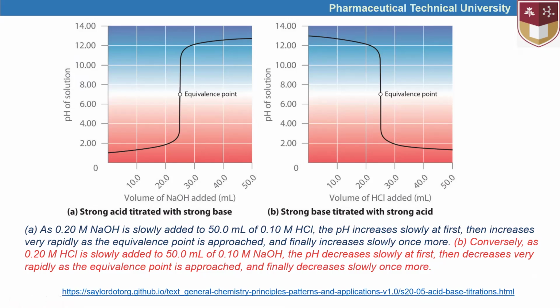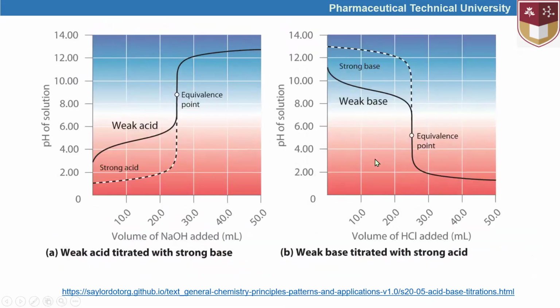So a little concentration might cause big changes in the pH value, and then linear changes are observed again. So these are the points that we have to take into consideration while we are carrying out titrations.